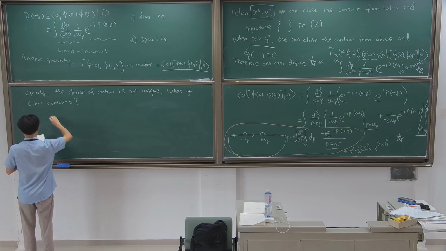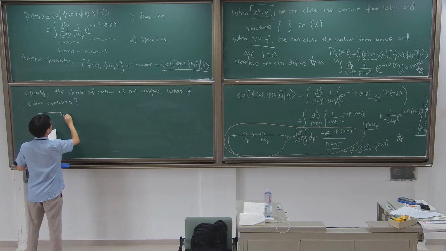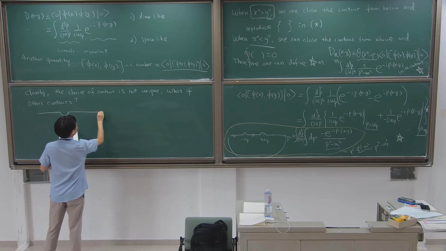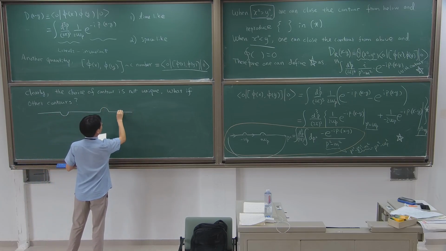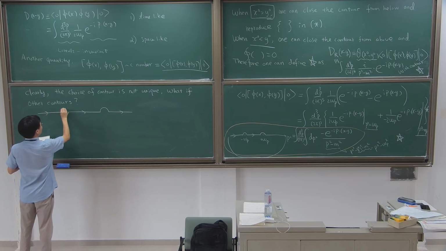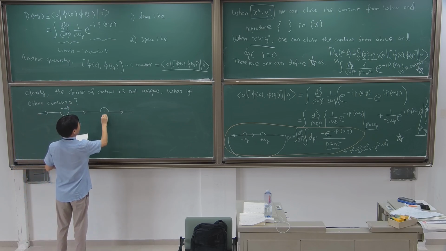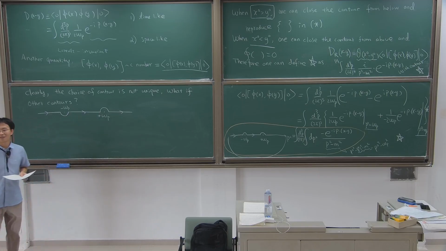For example, I can choose this contour. Again, this is minus, plus. This is another contour I choose.